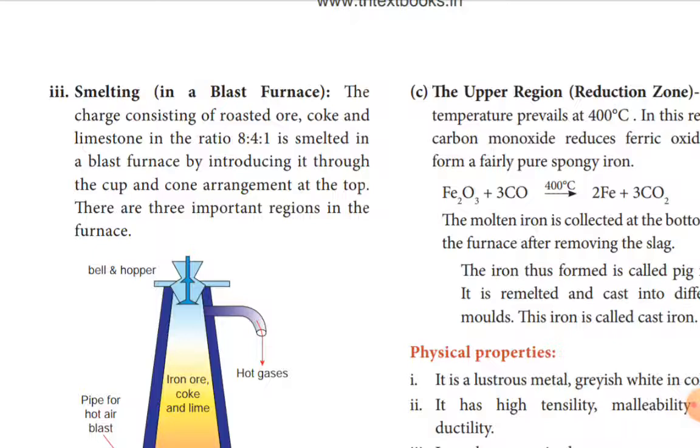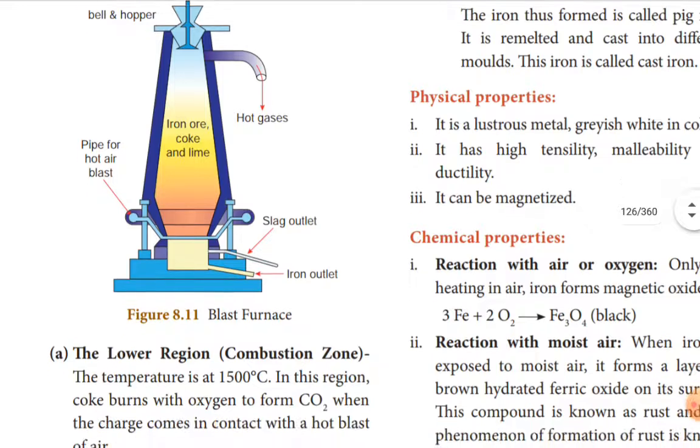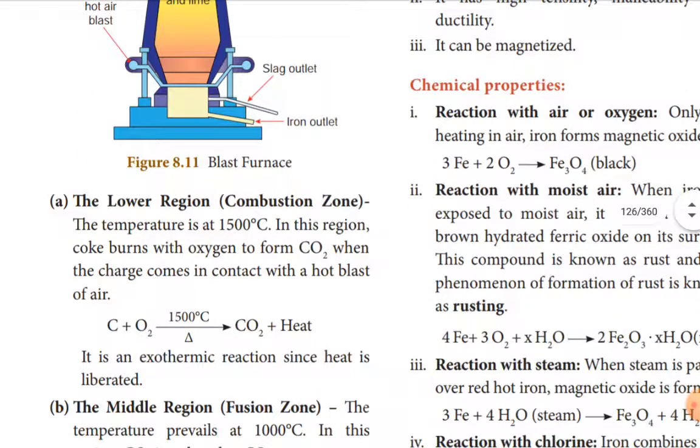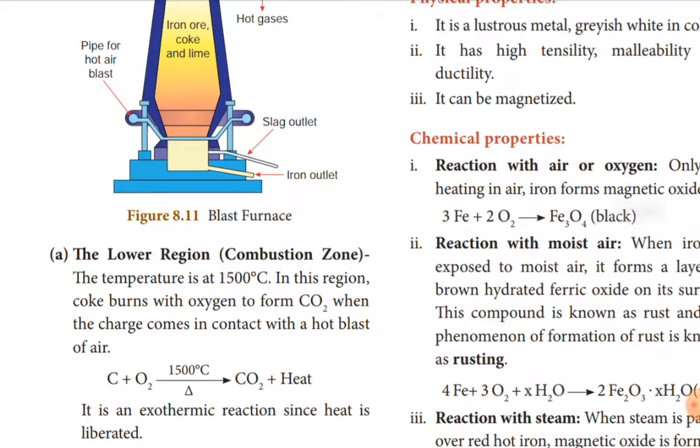There are three important regions in the furnace, that means the reactions take place in three stages in the blast furnace. First, the lower region, the inside lower portion, where the hot air is blown in, so the temperature is high at the bottom of the blast furnace.